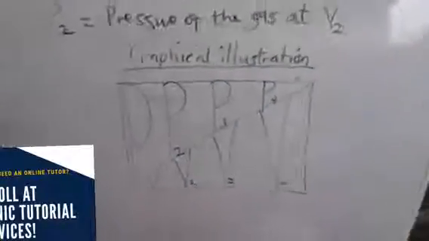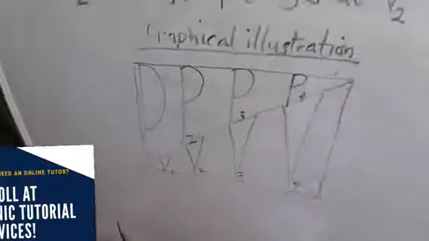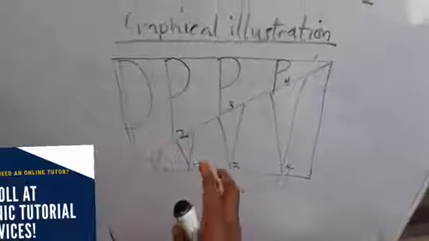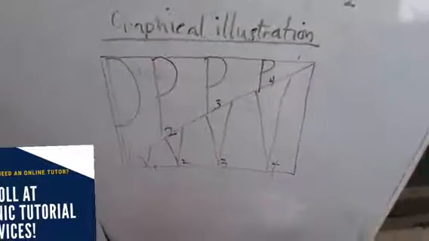So this is the graphical illustration of Boyle's law. As you can see, as the pressure is decreasing, the volume is increasing, and vice versa.